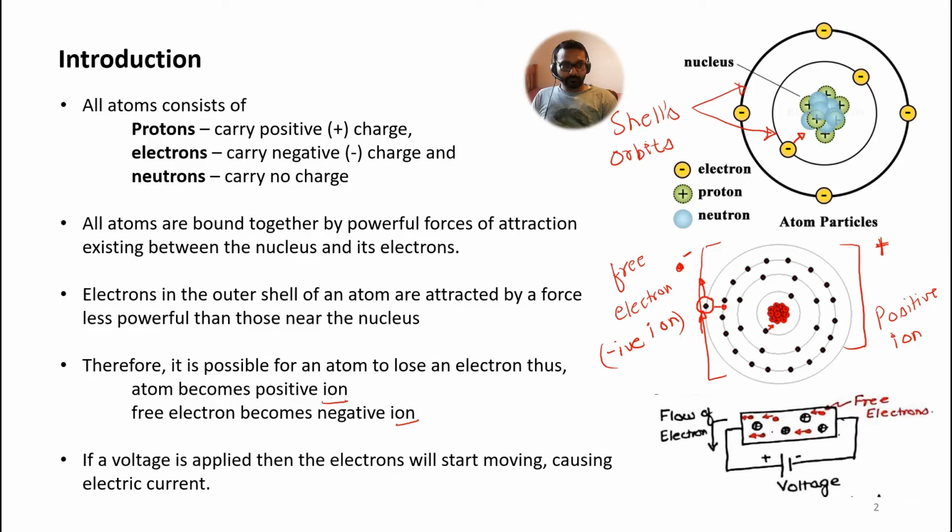Now, since the electron, or the negative charge, and the positive charge are both free, if we apply a voltage to this, obviously any material will not consist of a single electron within it. You would have multiple electrons within the material, right?